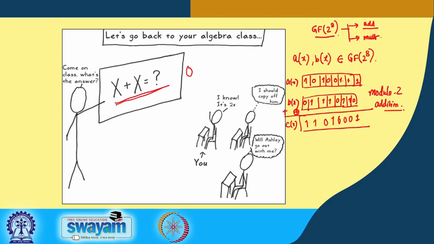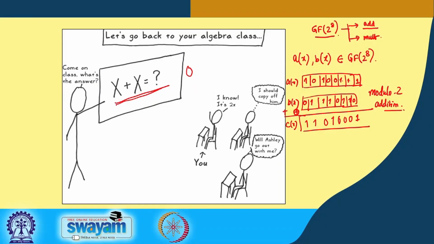If I add x with x, it is 2x in normal algebra, but the 2 is 0 in this case because we are doing modulo 2 arithmetic. In modulo 2 arithmetic, 2 stands for 0. This is very important to understand. This is also given the fancy name of characteristic 2, but you can ignore this at this point.